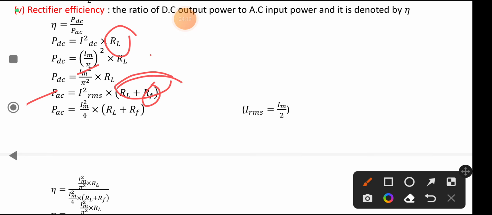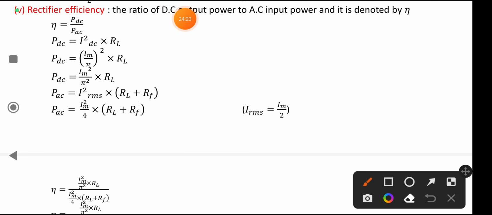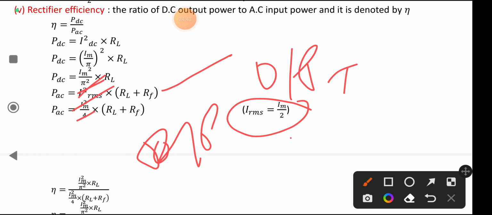That is the reason it is written RL plus RF. Output means pulsating DC, so pulse means there is a certain amount of AC. That is why the two resistors are taken. Irms square, just now I got Irms is Im by 2. If you substitute here, Im square by 4.